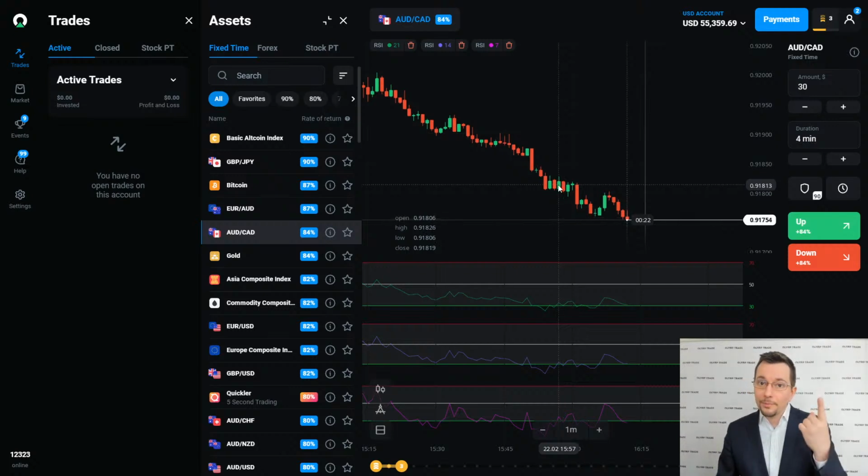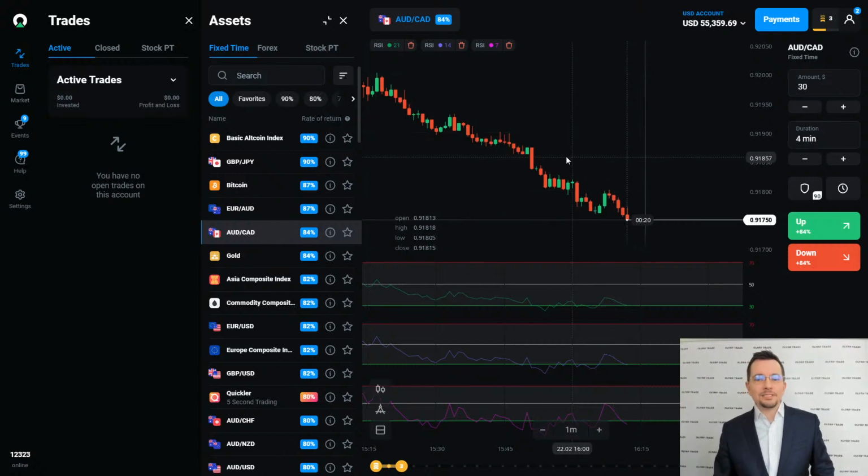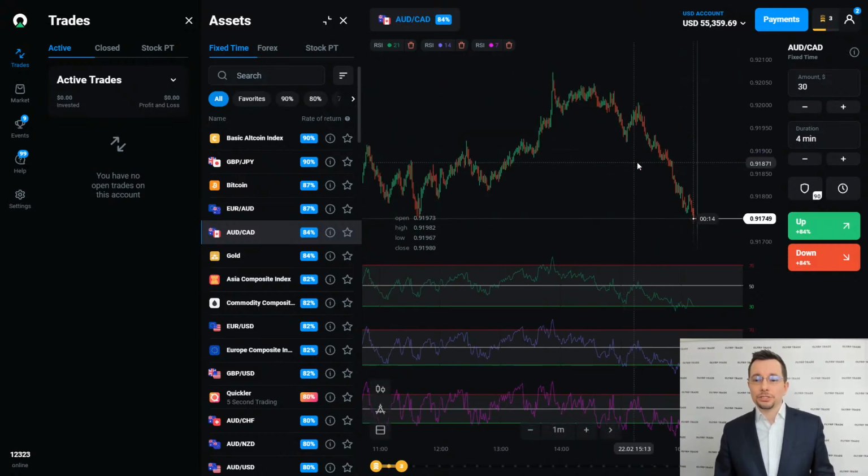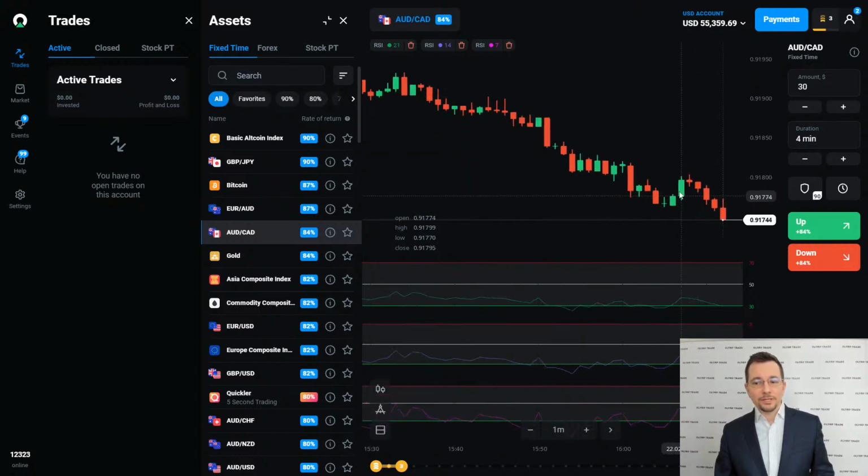You're supposed to open up upwards, and this is a prime example of when this trade would not have made you money. So you have to pay attention again to the market structure. This kind of breakout to the bottom here looks sizable, looks massive, but it would have been hard to not take it. Actually, this was the first signal that we're supposed to take.